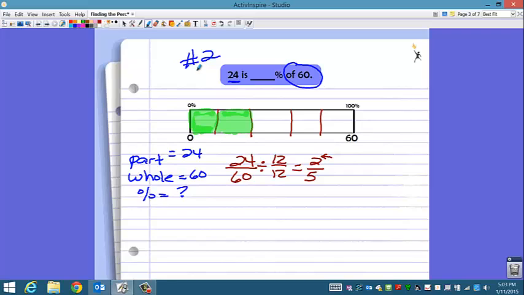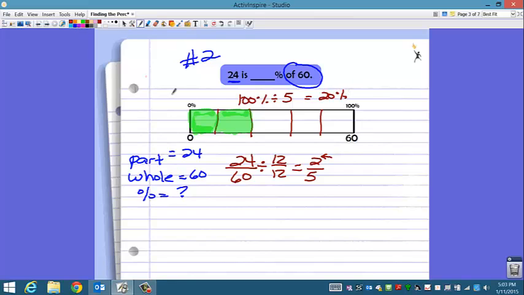Step 4 is to divide your 100% into the same equal parts. My model is divided into 5 equal parts, so I'm going to divide 100 by 5, and I get 20%.